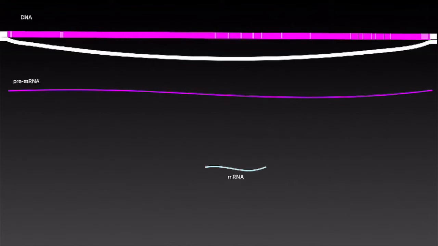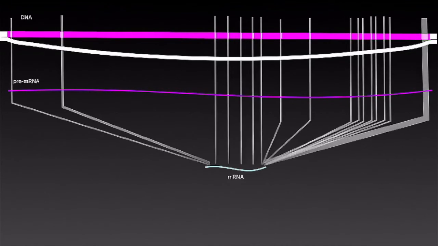What is that about? The reason the mRNA is that little tiny short piece is because only the sections of the pre-mRNA that correspond to the exons on the DNA become mRNA.